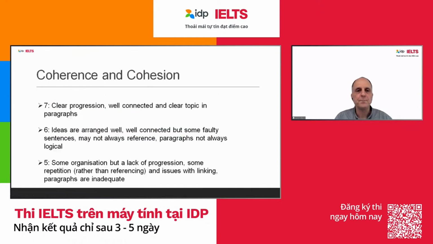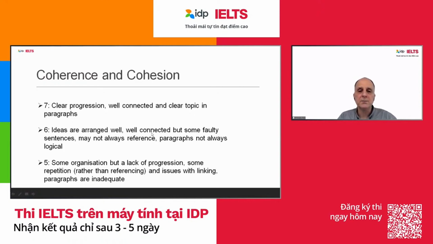Some of the cohesion and coherence again, or vice versa, very similar to task 1. You still need clear progression. The ideas have got to be arranged well, with good organization. Lots of repetition instead of using referencing words, so be careful about those.